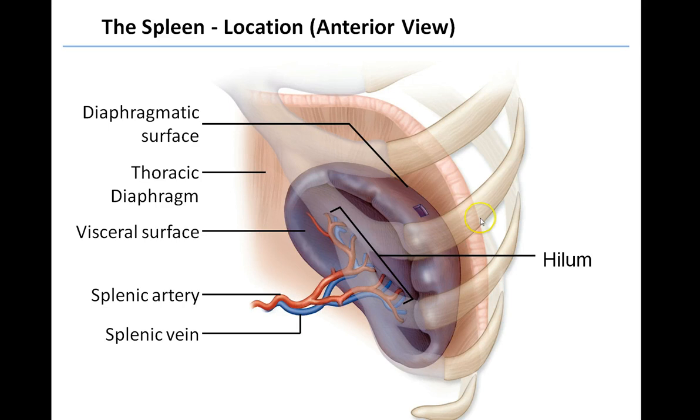We can see it adjacent here to the thoracic diaphragm, and the part of the spleen that's adjacent to the thoracic diaphragm is referred to as the diaphragmatic surface, whereas the other surface is the visceral surface. Now, just a quick word of warning, a lot of new students of anatomy often confuse the spleen with the kidneys. However, they are quite different.